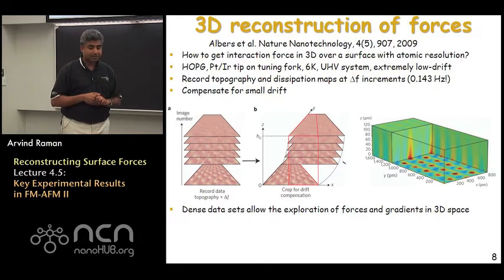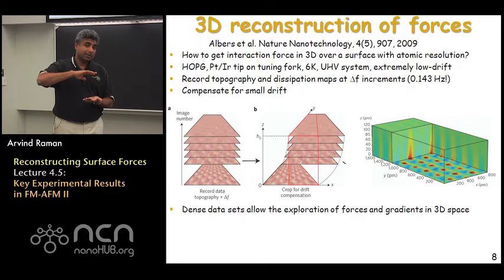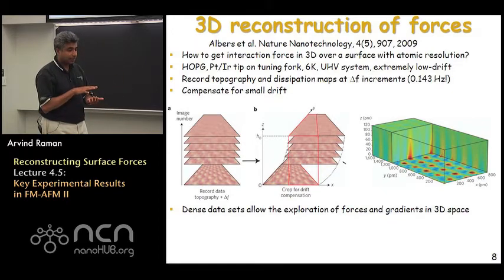Basically they suggested that instead of trying to do force spectroscopy point by point of the sample, one could use an extremely stable, very low drift, especially made AFM system to acquire images of the sample at different delta Fs, at different frequency shifts, and stack all those images together to convert the frequency shift images into interaction forces, which you would then have as a function of X, Y, and Z. The key advantage of this method was that by imaging, as opposed to doing separate force distance curves at every point, one is able to really reduce the effects of Z drift in these images.